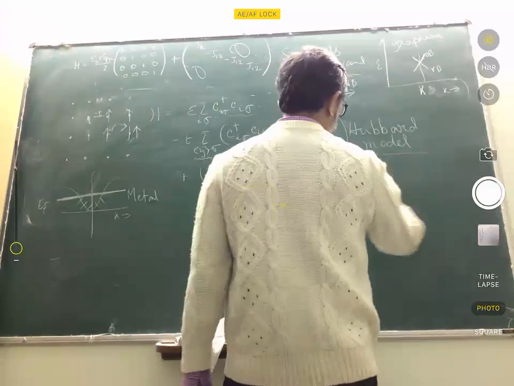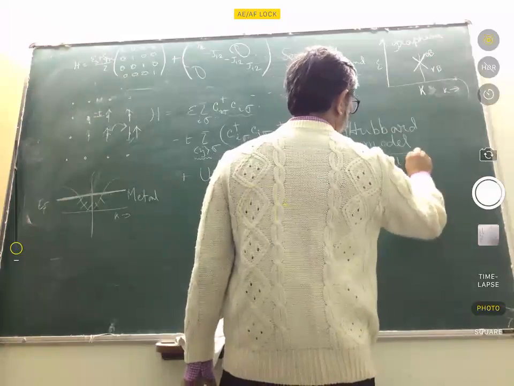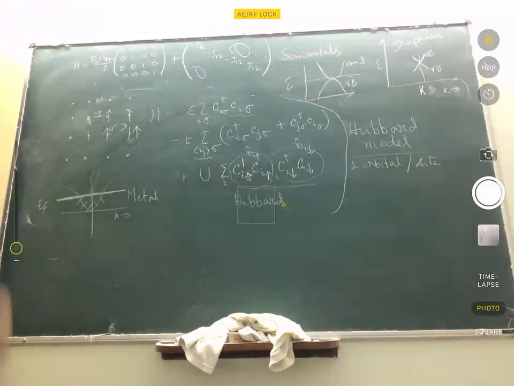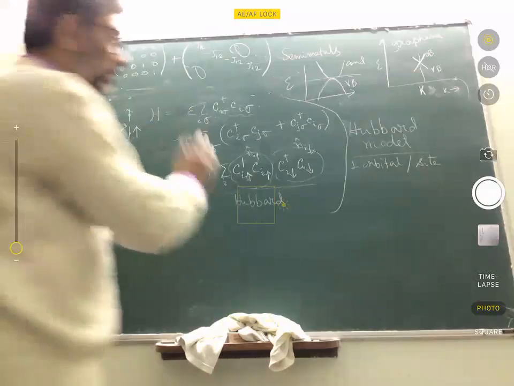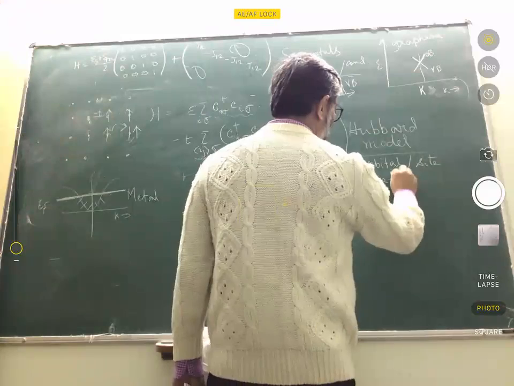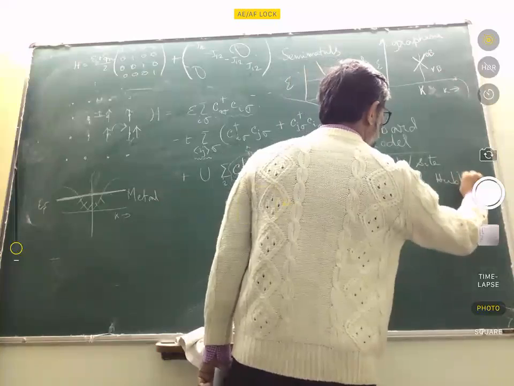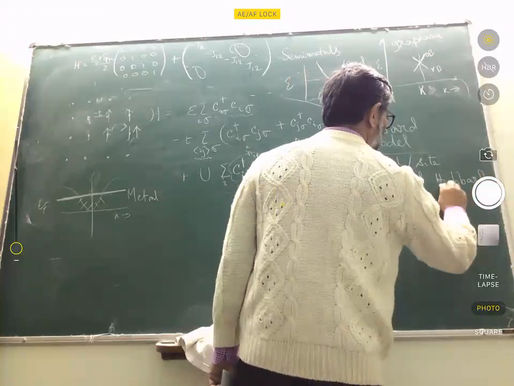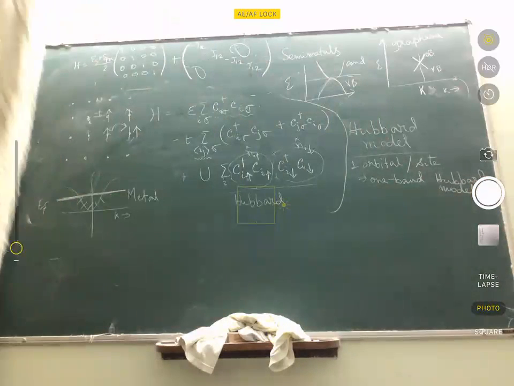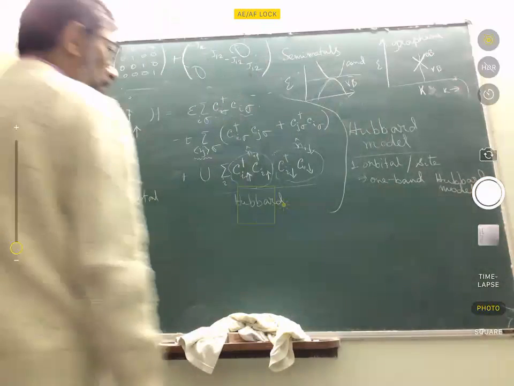So this particular case is called the one band Hubbard model, which is sort of a misnomer. Better nomenclature is one orbital Hubbard model, but it's routinely called the one band Hubbard model.